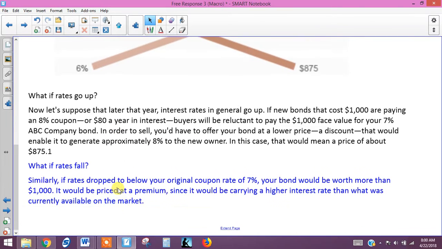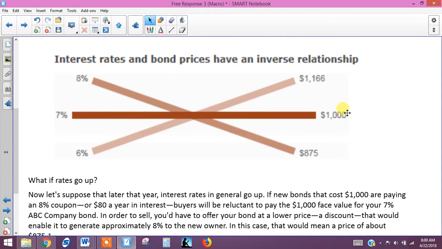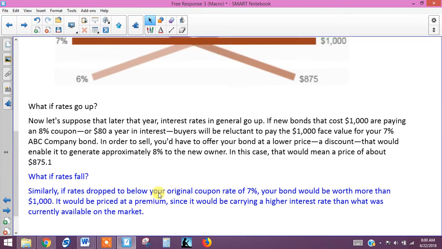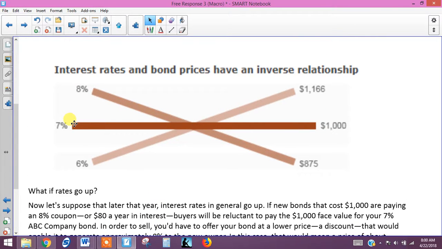So what that means is that your bond is actually worth more than the $1,000 because you could sell it for a premium, because all you need to do is sell it, and a person who's buying it, now that the nominal interest rates have dropped, is only going to expect 6% on the bonds they're buying now, because an investor is only going to expect the interest rate that is prevalent in the economy.